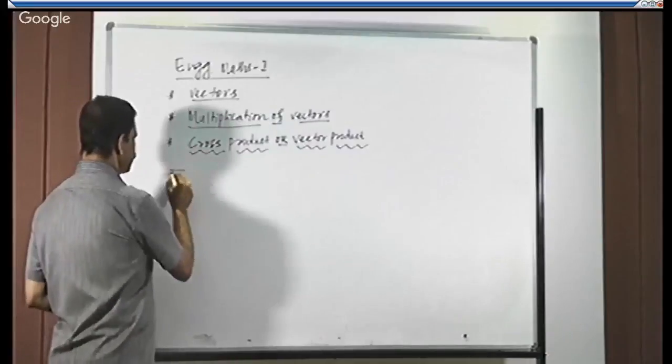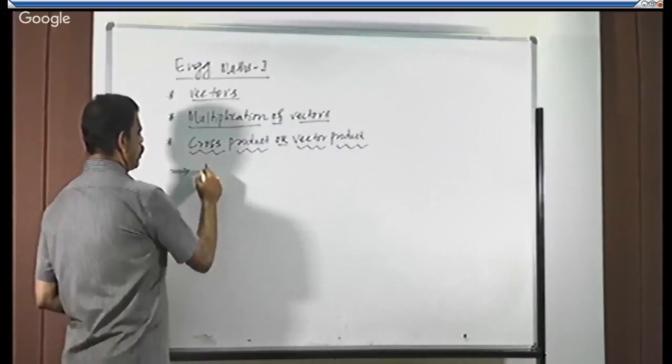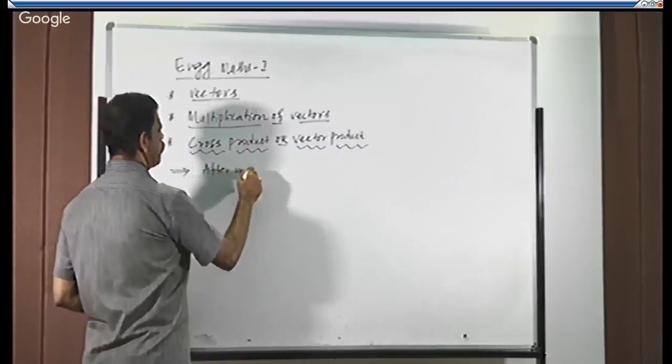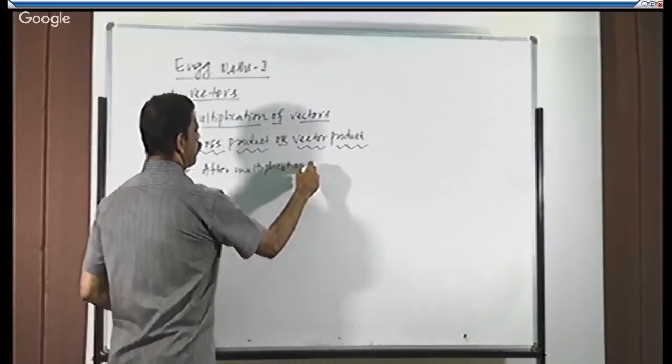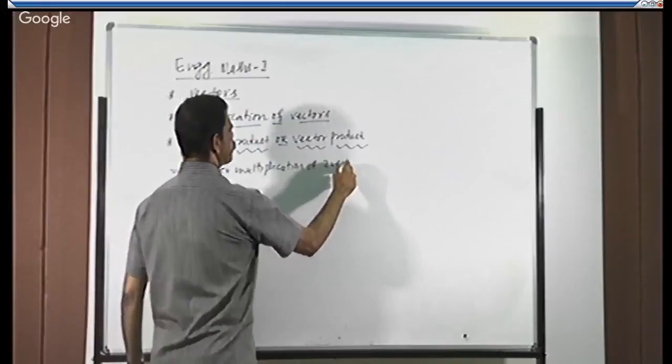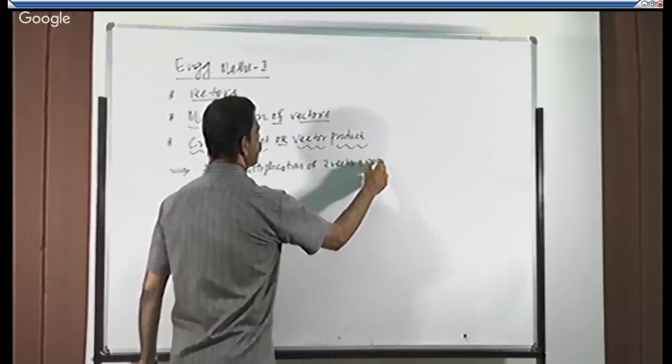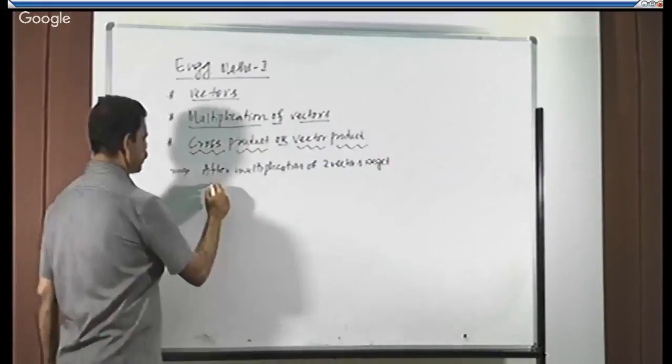After multiplication of two vectors we get another vector.